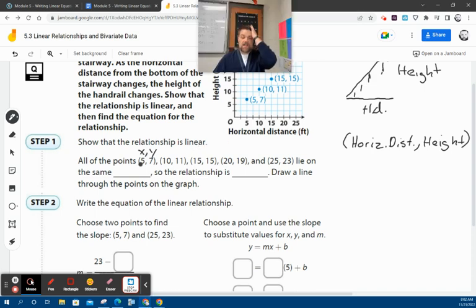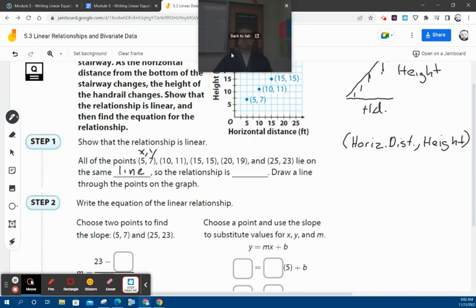So then it says, let's try to figure this out. They lie on the same, what do you think goes in here? If you were to guess, what would you say? Line, right? They're on the same path. I like path. It's a good one. But they're on the same line.